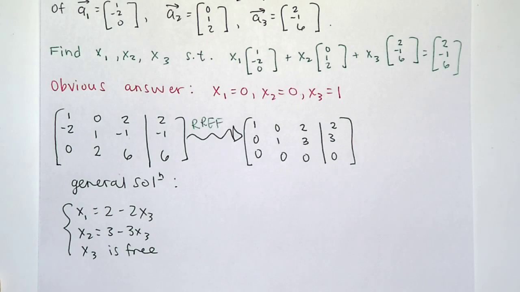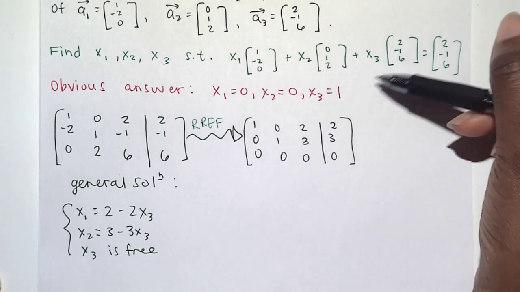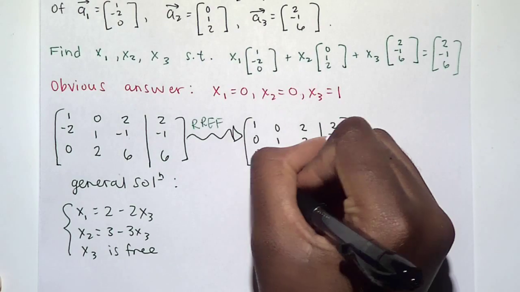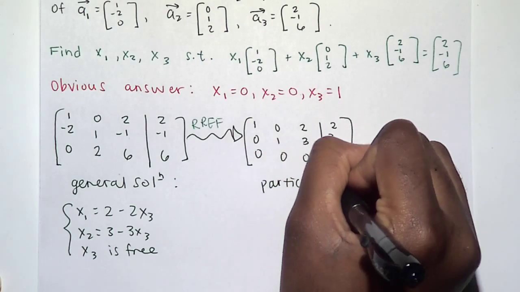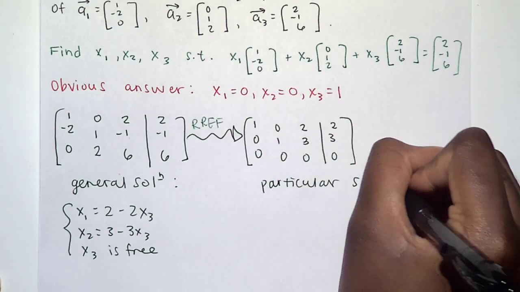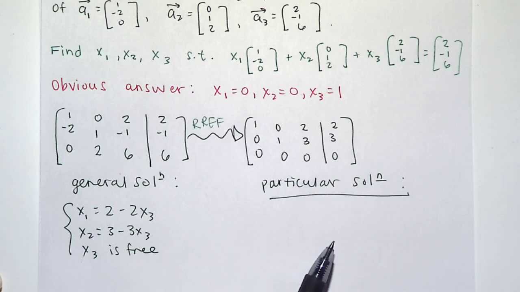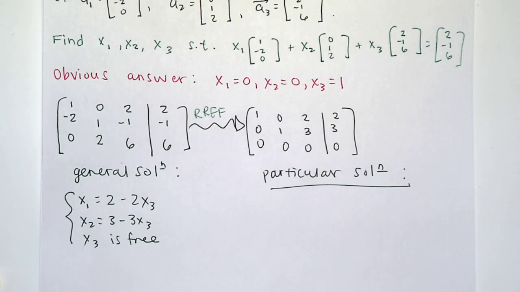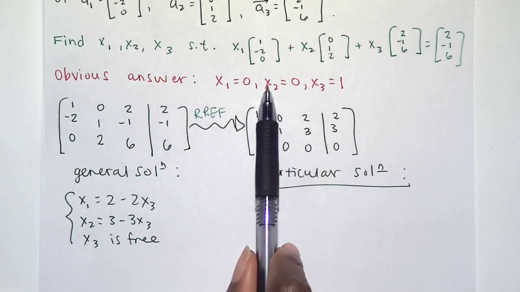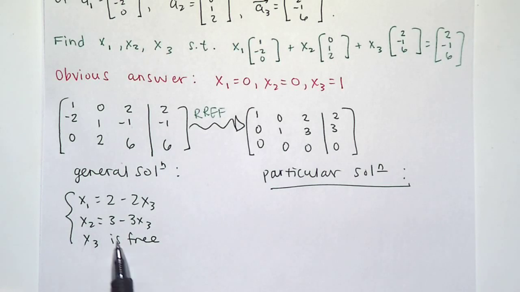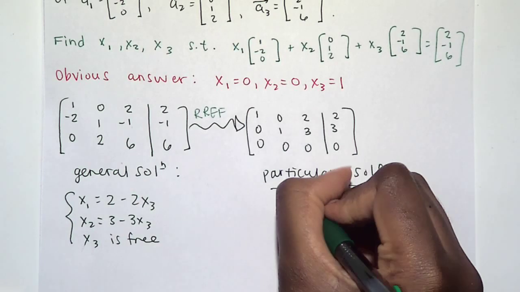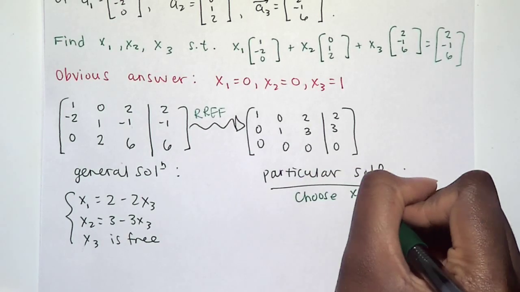We could also talk about a particular solution, which is actually what we have up here. A general solution tells us all possible solutions. It's the solution in general. A particular one tells us an exact solution. Which one? Let's choose one of these many solutions. We could choose this one up here, or you can choose anything you want for x3.